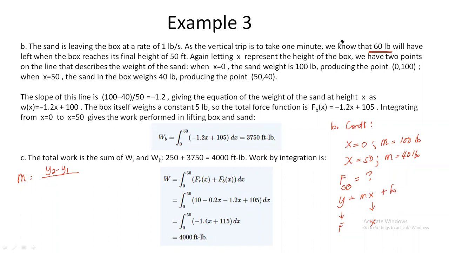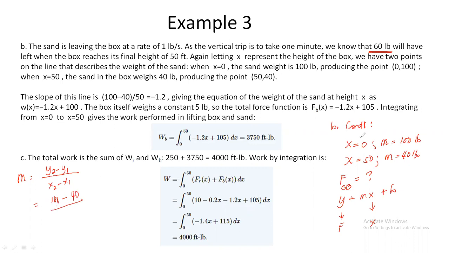But this line is an equation that relates the force in lifting the box with the sand as a function of displacement. So let me just rewrite again. So you have here x2 minus x1. So in this case, for the numerator, you will have this m, 100 minus 40.